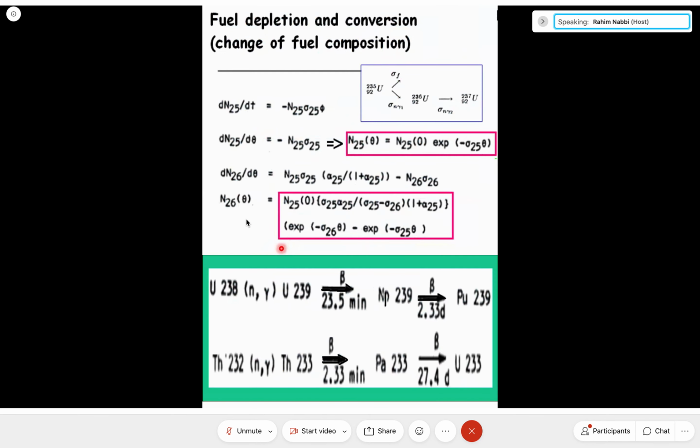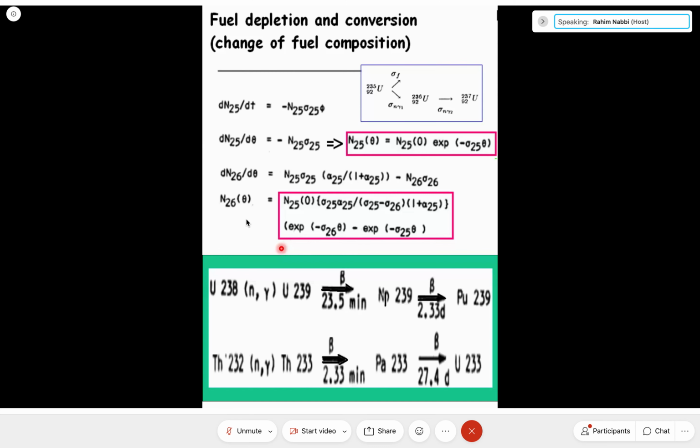So now, depletion and conversion. Now we are going to be more realistic and see what happens with the fissile material, for example. You know, the operation of the PWR or BWR is based on the use of uranium-235 with an enrichment of something like 3.5%.